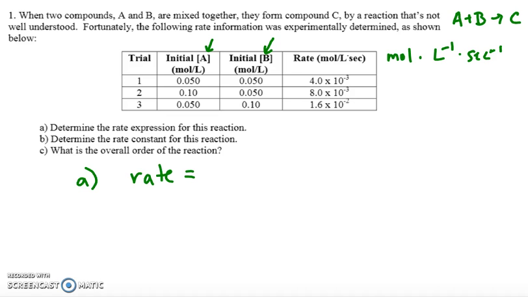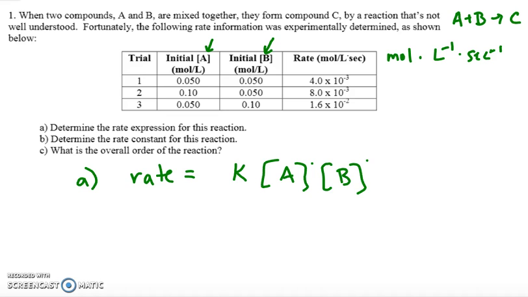The rate is going to be equal to the rate constant times the concentration of A times the concentration of B. So that's where we start. The question is, what are we going to put for the exponents here and here? That has to be determined by looking at these various trials.